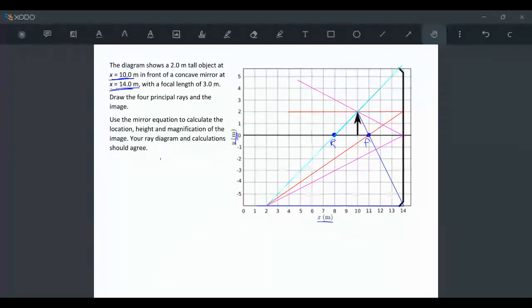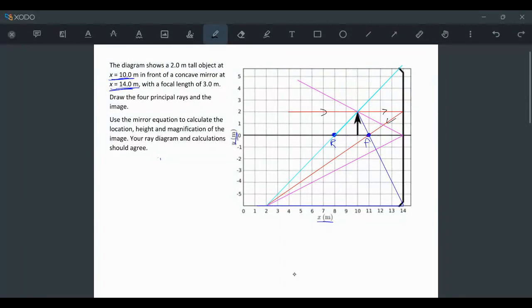And just in case it wasn't clear with these, I'll label which direction the light is going. So the red, the first one, just to recap, is a ray parallel to the optical axis that reflects through the focal point. The same idea in reverse is a ray that goes through the focal point, and when it reflects, it's parallel to the optical axis.